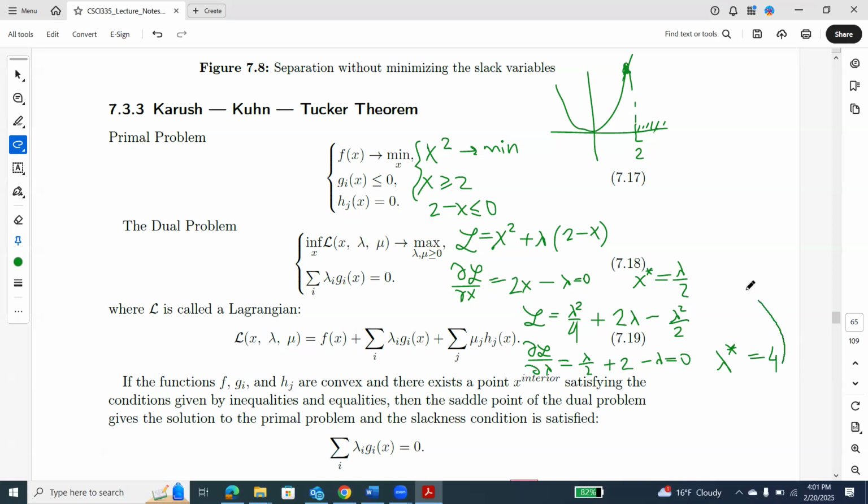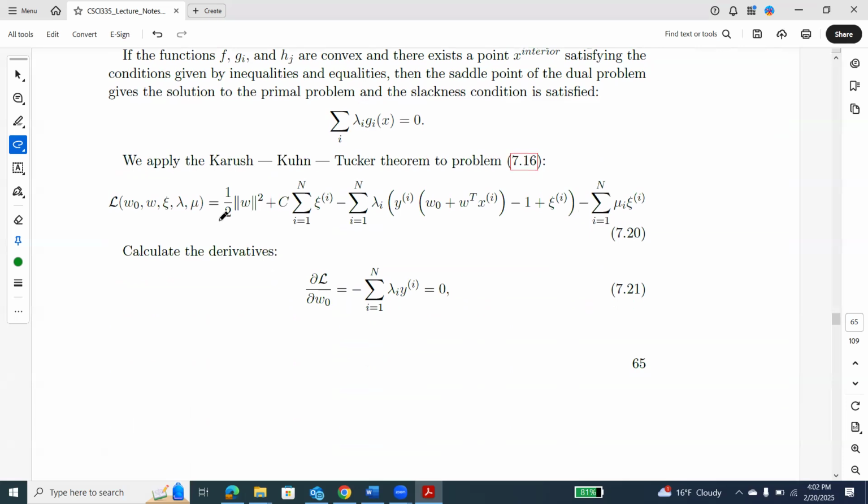Now, if you substitute lambda equals 4 into x, what will be the value of the optimal point? It will be 2. So it was easy to solve by observation in the one-dimensional case with one constraint, but with multiple constraints, it's easier to use this dual formulation. Okay, so now we will apply this dual formulation to our support vector machine.